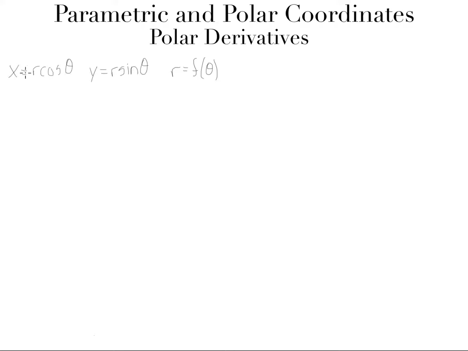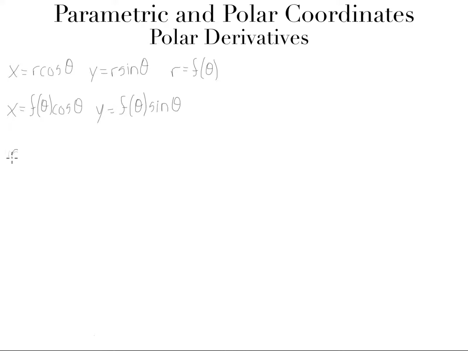So now we can just substitute this in when we're converting to Cartesian coordinates such that x equals f of theta times cosine theta, and y equals f of theta times sine theta, such that x and y are now only functions of theta. But now you should note that this is exactly like parametric coordinates, except that instead of t, our third variable here is theta.